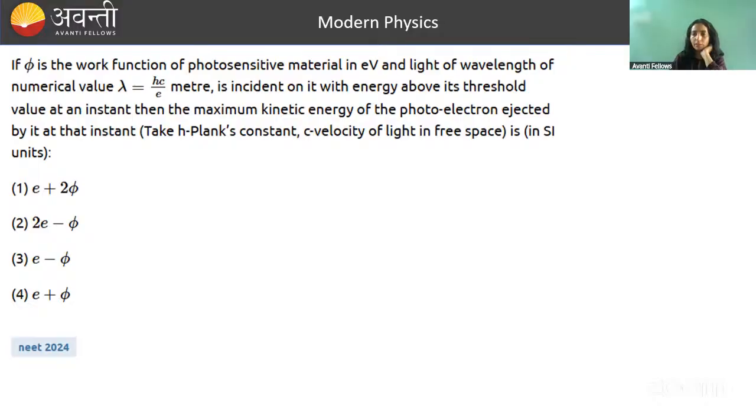Okay, let me see your answers. Nobody? Let me end the poll here. This is a basic thing in the photoelectric effect. Whenever light is allowed to fall on a photosensitive material, let's say the energy of light is E.